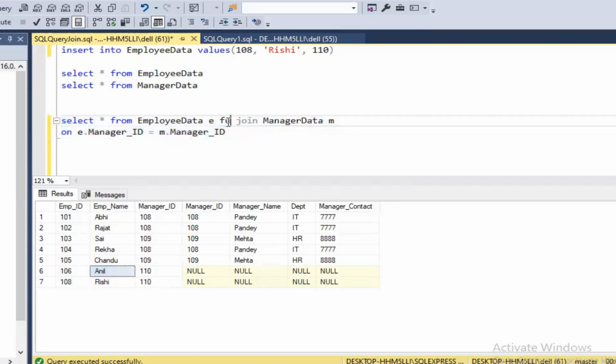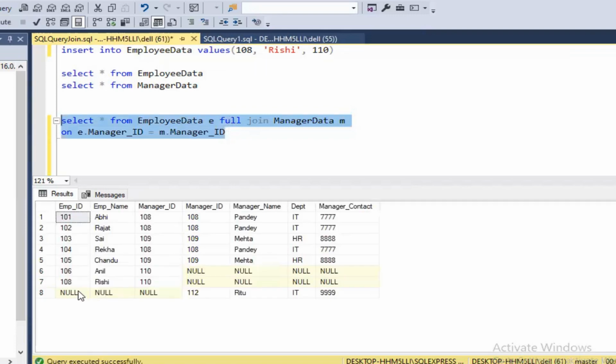So let's run a full join. See, Anil and Rishi with null, null, null. That means when you ran the left join, it was giving me 7 records if you remember: 5 from inner join plus 2 from the left side. And when you ran the right join, it gave me 6 records because 5 were matching and 1 extra, who was Ritu.